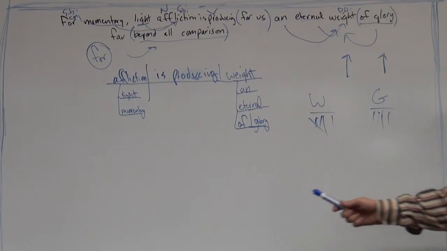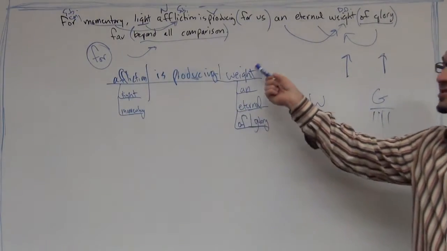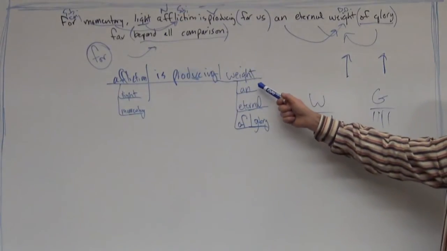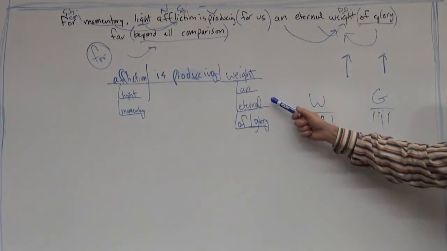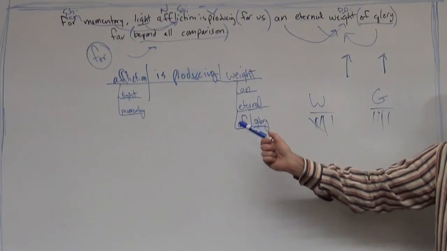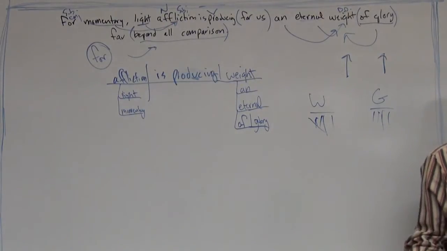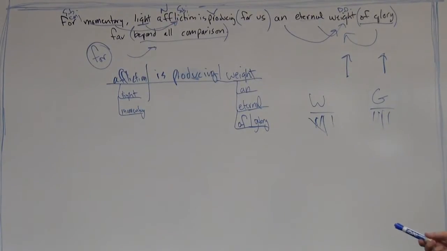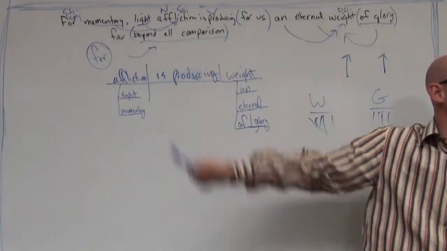Or is he saying, affliction is producing for us a significance, something significant. Tell me about that significance. Well, it's a significance that is eternal. It is also a significance that is glorious. Well, how glorious is it? What kind of glory does this significance have? A beyond all comparison kind of glory.